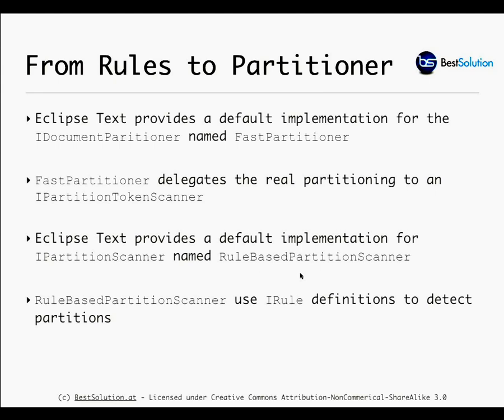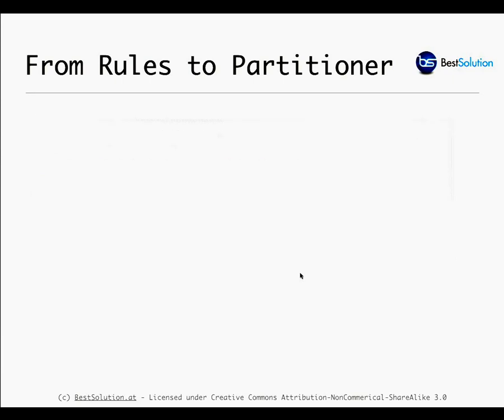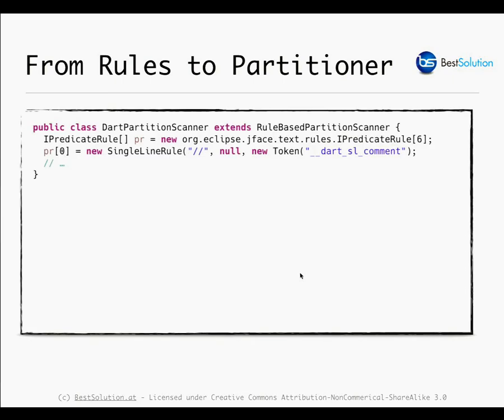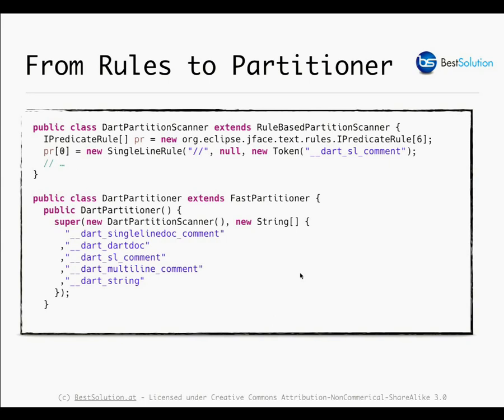So to do the partitioning, you have a FastPartitioner. The FastPartitioner delegates the real work to an IPartitionTokenScanner. And the default implementation there is the RuleBasedPartitionScanner, which takes the rules that we just set up in our table. You need to remember that all the time when you write an editor in Eclipse. So this is how the code will look. You have a RuleBasedPartitionScanner, you have some rules that you set up, and in the end you create a FastPartitioner, tell it what the partitions in my system are, that's it.